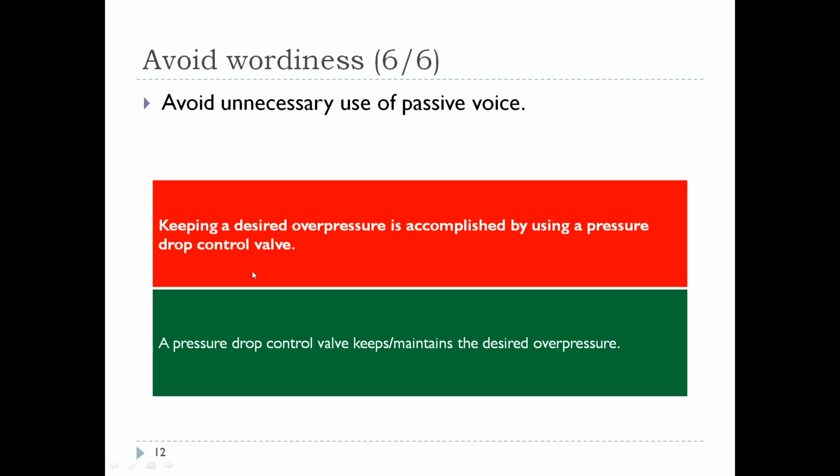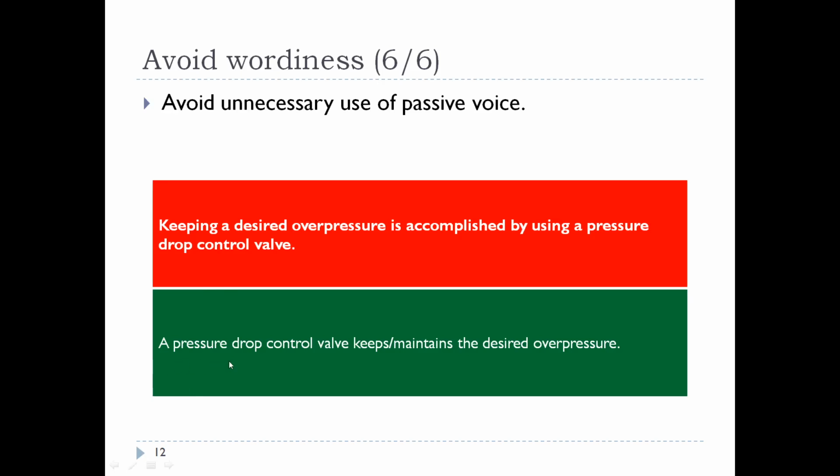But if you're talking about some machinery and its components, and one of those components is the pressure drop control valve, then you should put it in the active voice. Okay, you should put all the emphasis on the pressure drop control valve. Okay, so that is what happens here in this sentence.